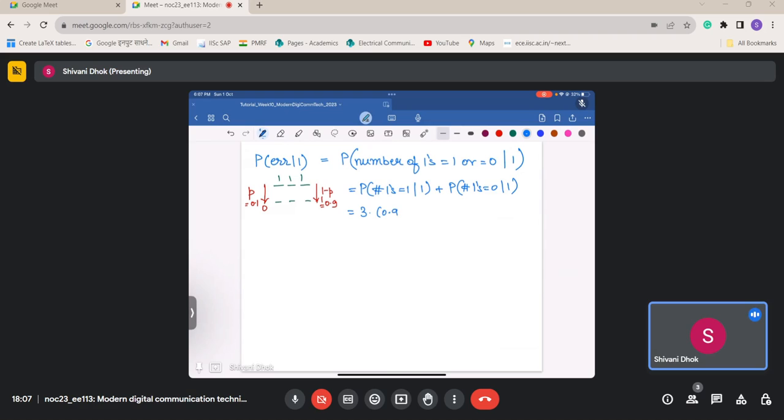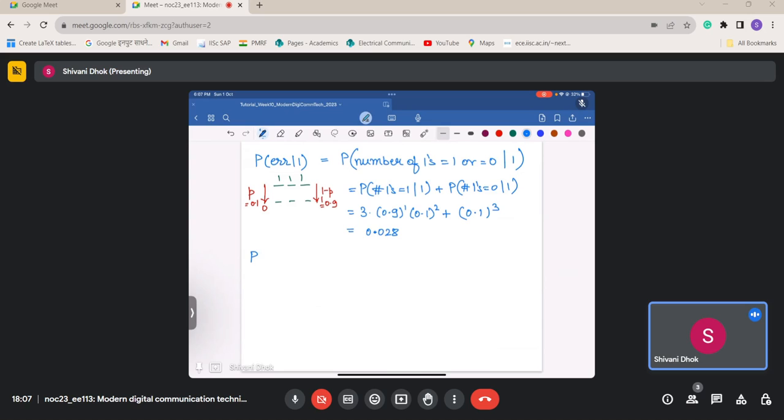So 0.9 into 1 to the power 1, and the remaining 2 will get converted to 0, so that will have a probability of 0.1 square, plus the probability that the number of ones is 0, which means that all of these ones are flipped to 0. That probability will be 0.1 cube. And if we solve that, this comes out to be 0.028.